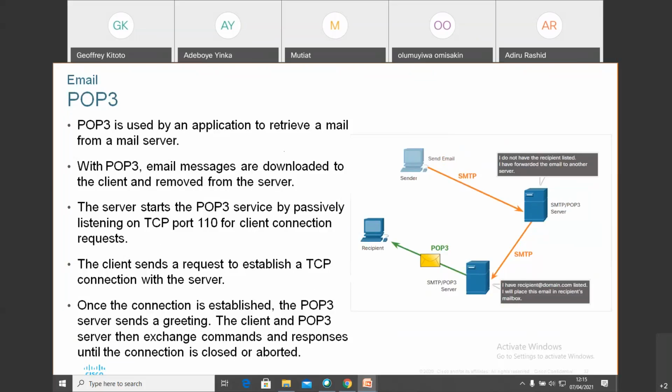Again, it's very important to understand the various protocols and their port numbers. So SMTP is port number what? POP is port number what? IMAP is port number what? Because we also have IMAP, which is also a retrieval protocol.